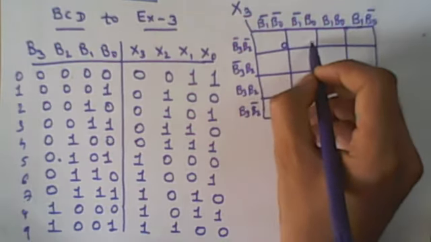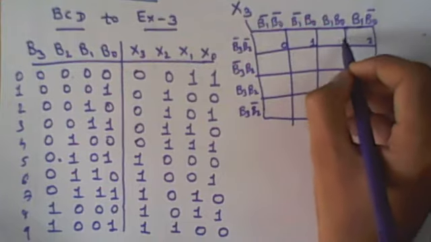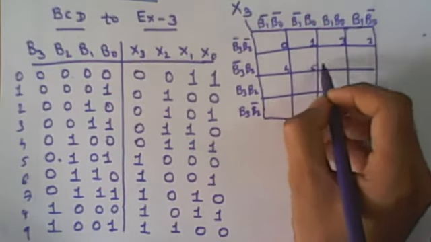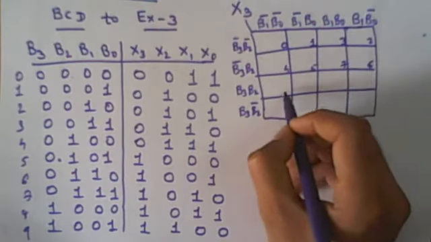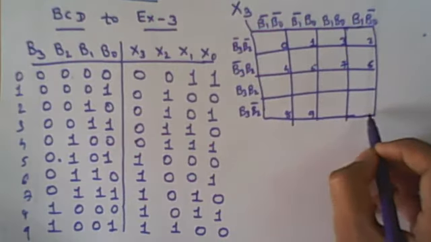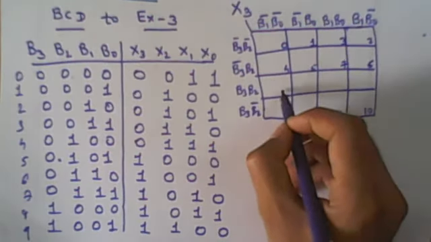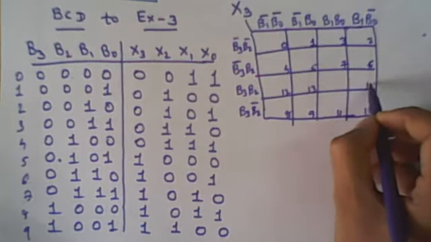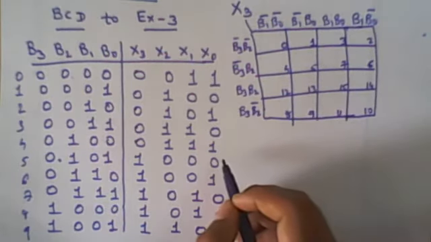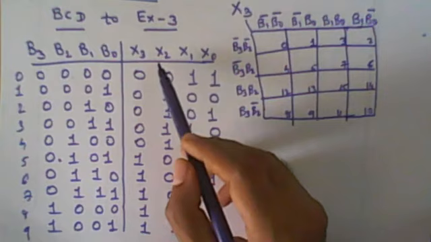So here the minterms are 0 1 2 3 4 5 6 7 8 9 10 11 12 13 14 and 15. Now let me map the X3.